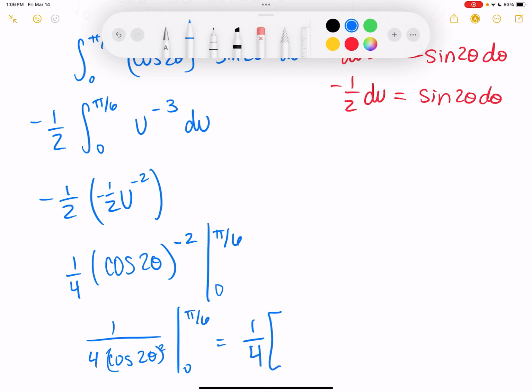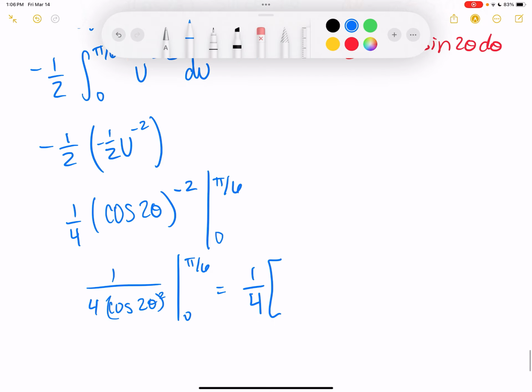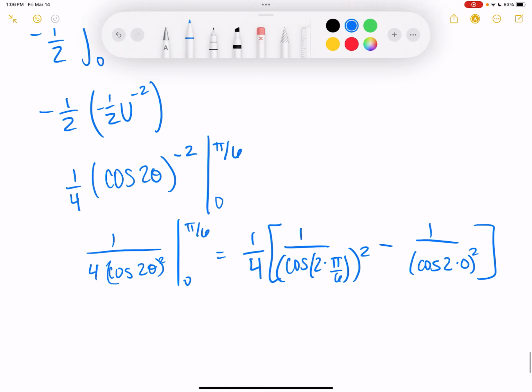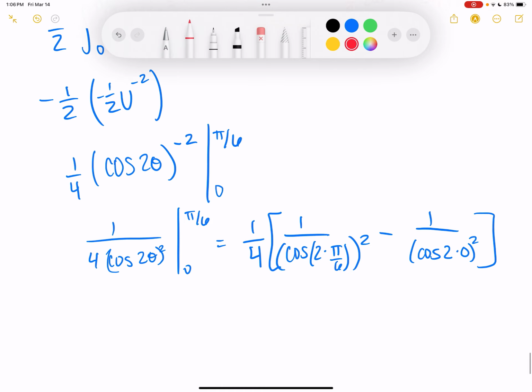So then I've got 1/, the cosine of 2 times pi over 6 squared, minus 1/, the cosine of 2 times 0 squared. So what's the cosine of pi over 3?